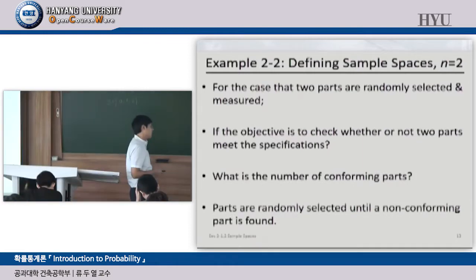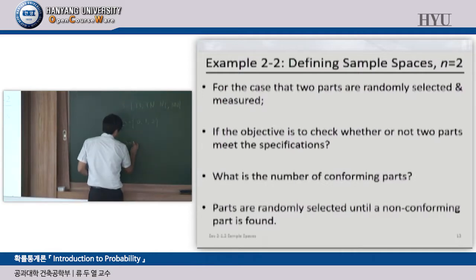So, in the case that the parts are randomly selected until a non-conforming part is found, the sample space will be as follows. There is a possibility that we can select the non-conforming part at the first step, right? At the first time, we select the part, and the part is non-conforming part. In that case, we can simply say N, okay?